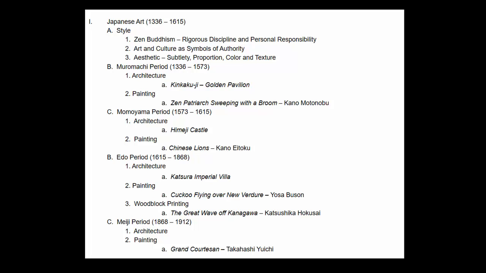Now, that finds its expression not in grand, large gestures like we might see in China or in Europe, but with smaller works, smaller structures, simpler structures that are incredibly thoughtful. The Japanese tend to focus on a thoughtful approach versus a grand approach.